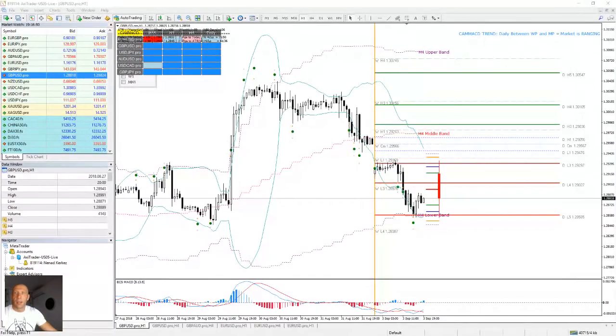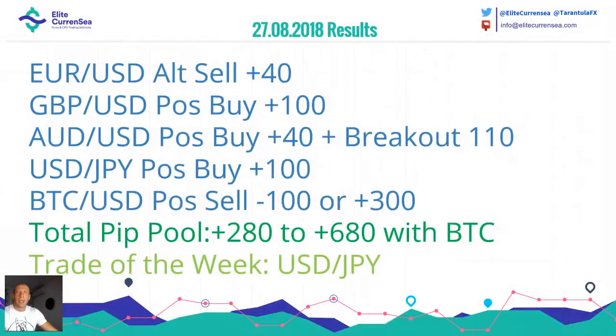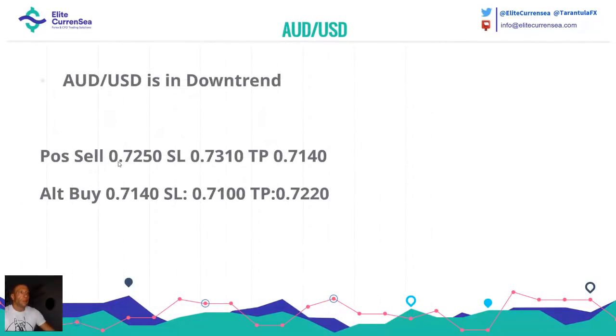It's not a breakout because we don't have a breakout setup. It's a leftover. So here, this is the Australian dollar: 72.50 sell, stop 73.10, TP 71.40, and possible buy 71.40, stop 71.